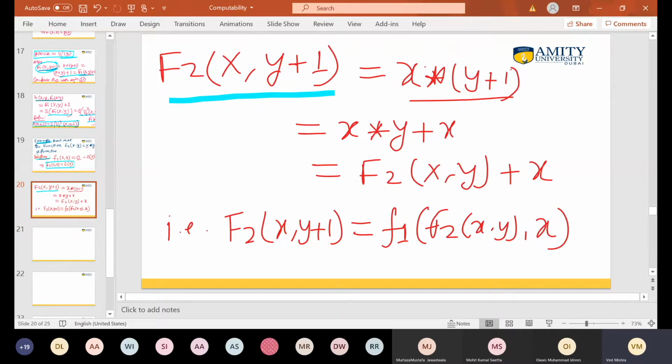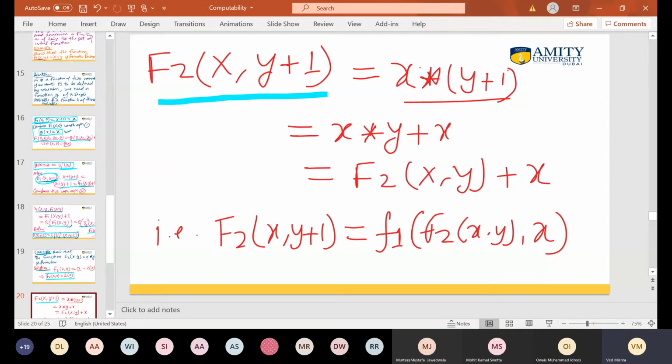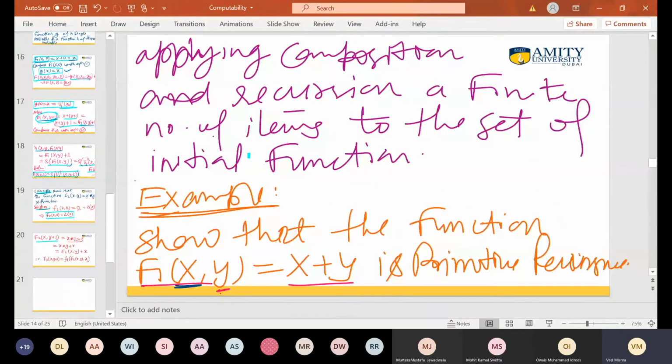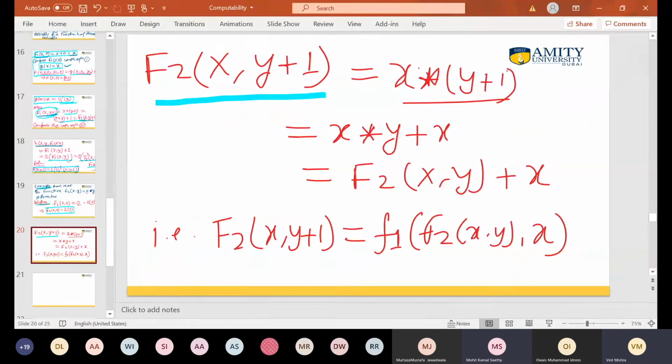Why I'm writing this? Because your f1 function we have taken it from here x plus y. Yes, sir. Understood.